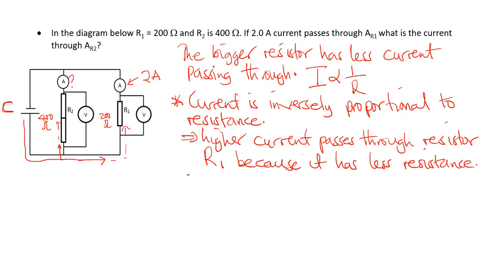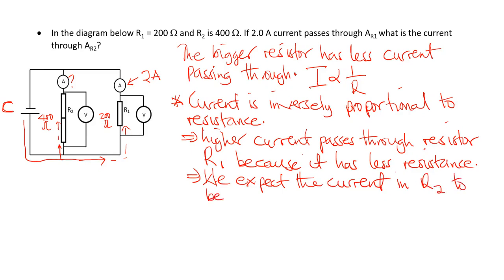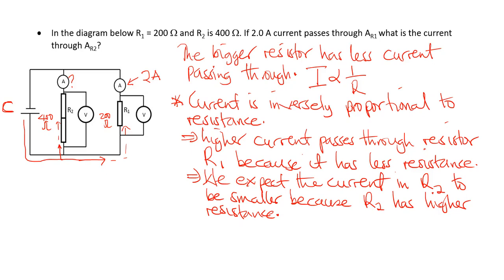So in this case, we expect the current in R2 to be smaller, because R2 has higher resistance. So that's our expectation.